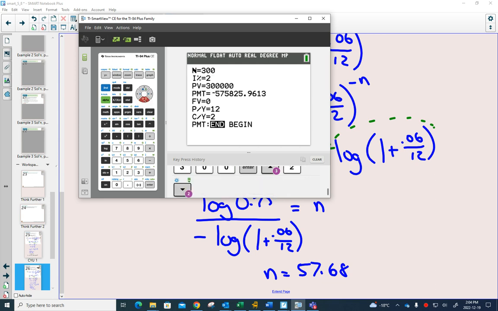At 2%, my monthly payments instead of $2,000 a month are $1,270 a month. And if I times that by 300, instead of paying $575,000 for my house, I paid $380,000. That's like almost $200,000 less.